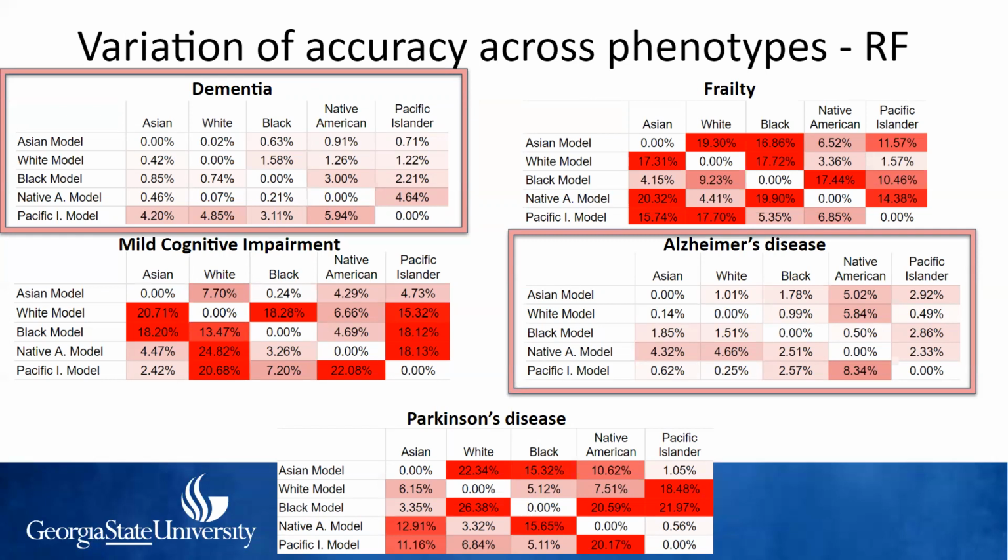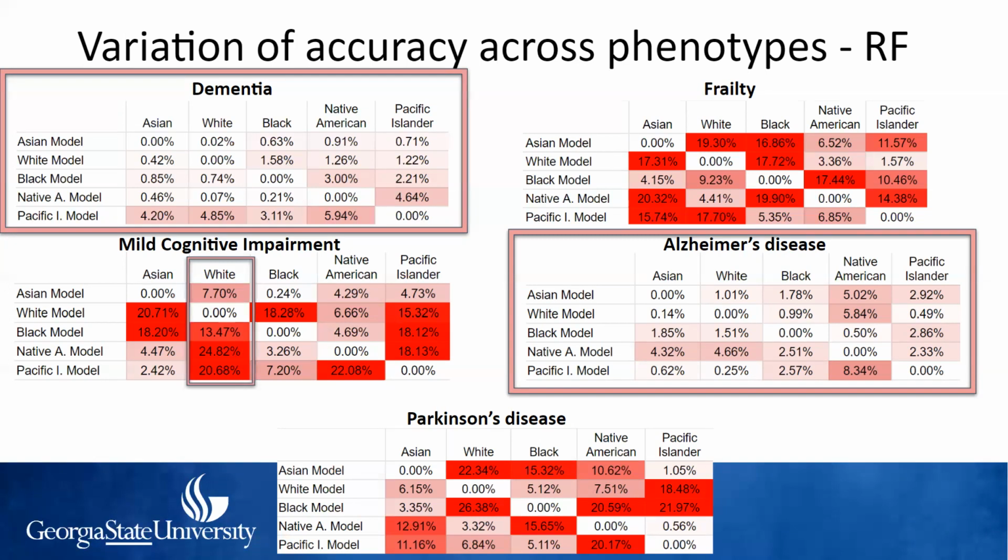In these plots, the redder the figure, the worse, meaning the highest variance between the models. The lighter the color, the lowest variation between the models. So for Alzheimer's disease and dementia, we have very low variance, and for the other ones, we have huge variance, especially for certain particular demographics.